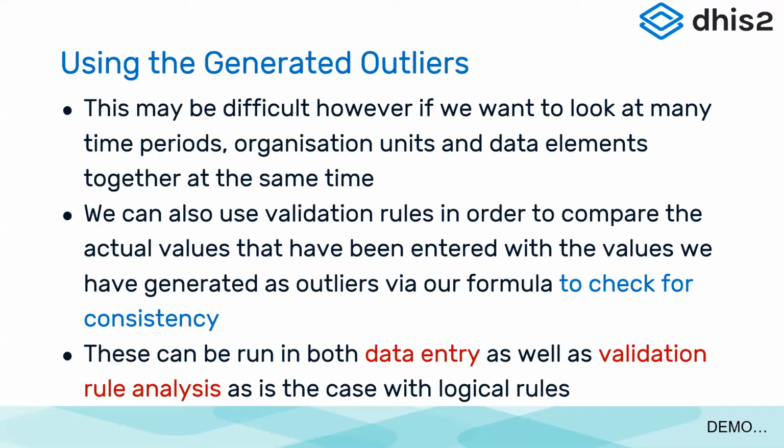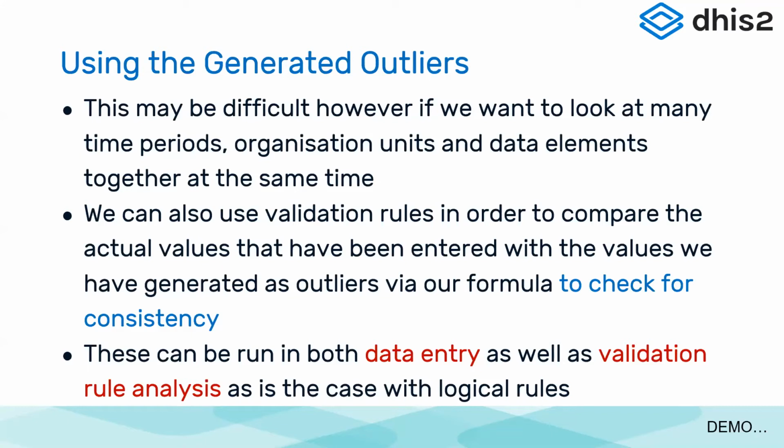So that is the first stage where we are running validation rules. The second place where we can run validation rules is within the data quality app. In the data quality app, you get a link for validation rule analysis. In validation rule analysis, you can run your validation rule modifying your dimensions.